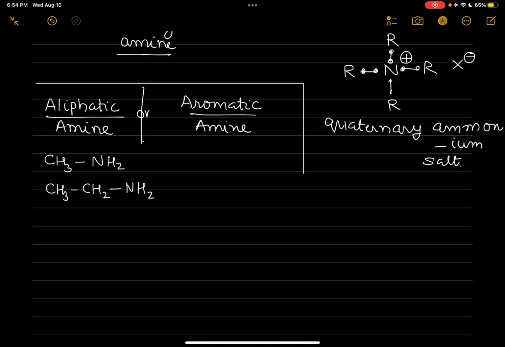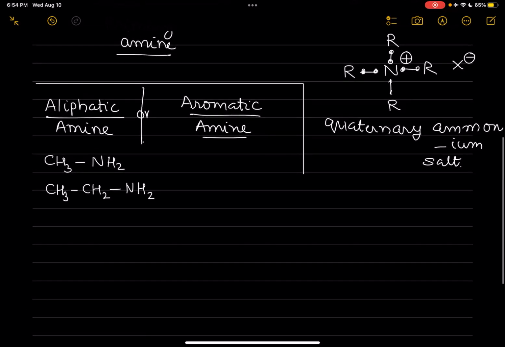And aromatic amine means what? What do you mean by aromatic? Aromatic compounds have benzene in them. We use one aromatic compound in our home which has a benzene structure.